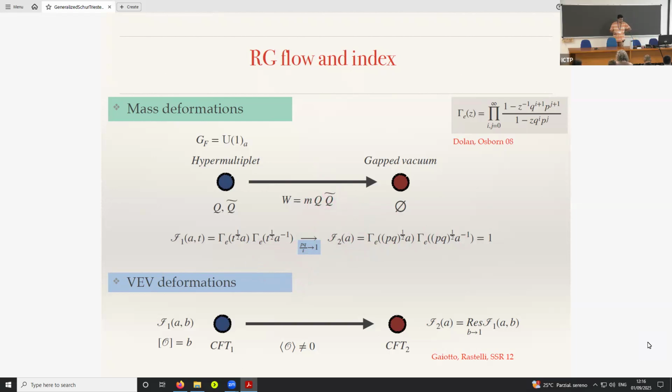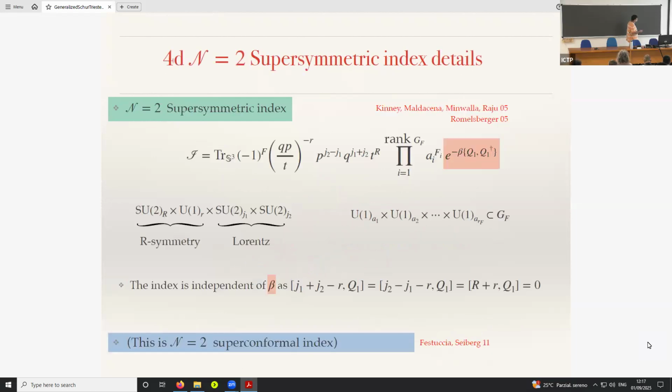This is something which can be derived. To be consistent with this superpotential, we need to set qp equal to t, or qp over t equal to 1. That means we are breaking the U(1)_R symmetry, basically. The fugacity coupling to qp over t, we are setting it equal to 1.